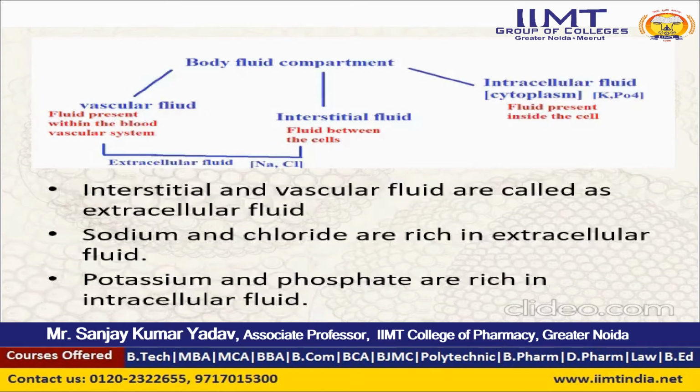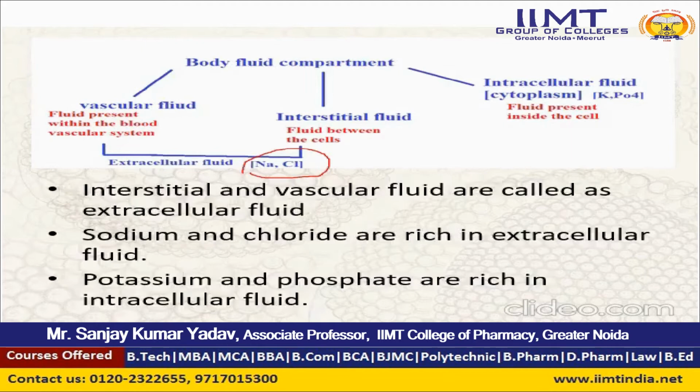You can understand this better with flow charts, diagrams, and different examples, so you can check them out and prepare likewise. As already talked about, sodium and chloride are present in extracellular fluid, and in intracellular fluid the potassium and phosphate are present intracellularly.